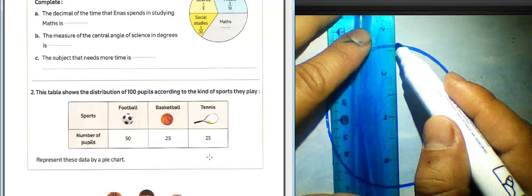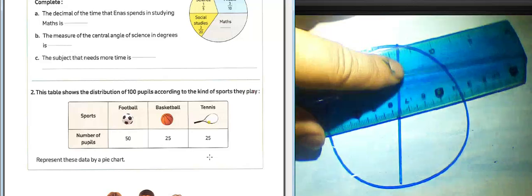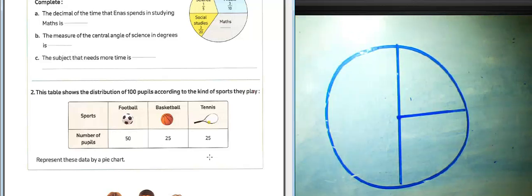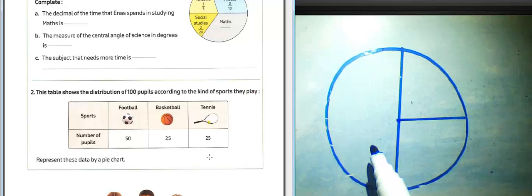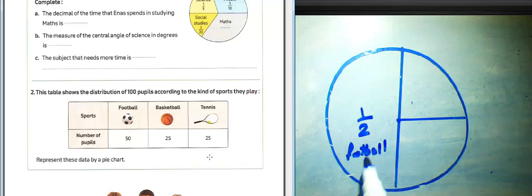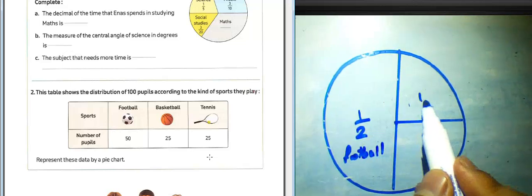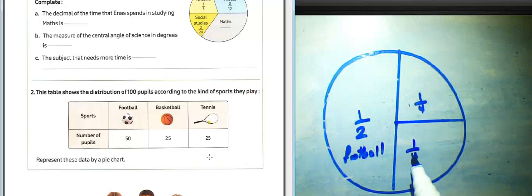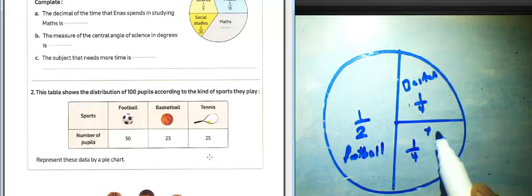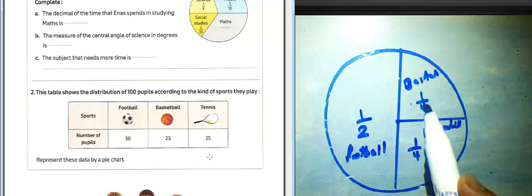Here 50, the half about football, and basketball a quarter, and a quarter about tennis. Here basketball and here tennis.